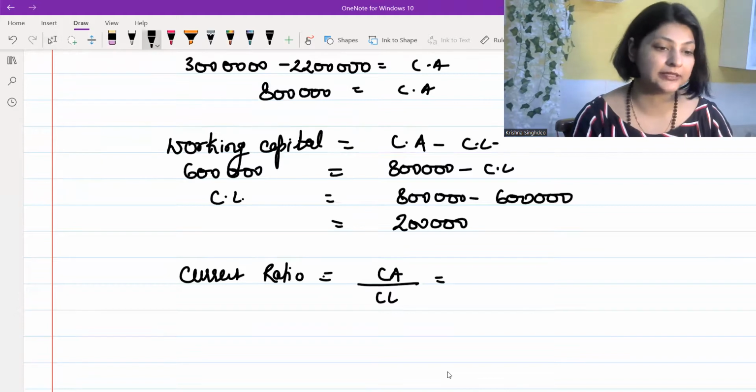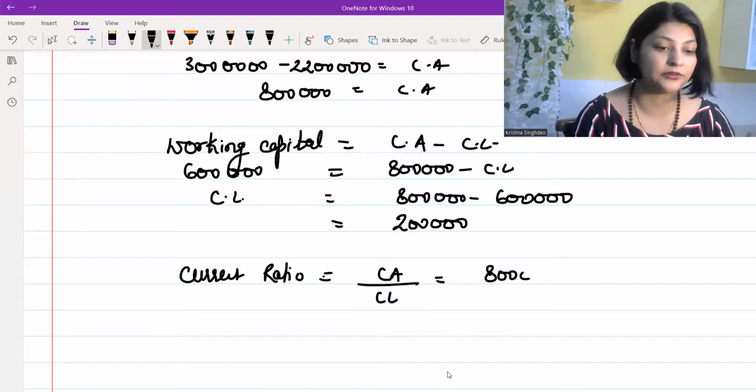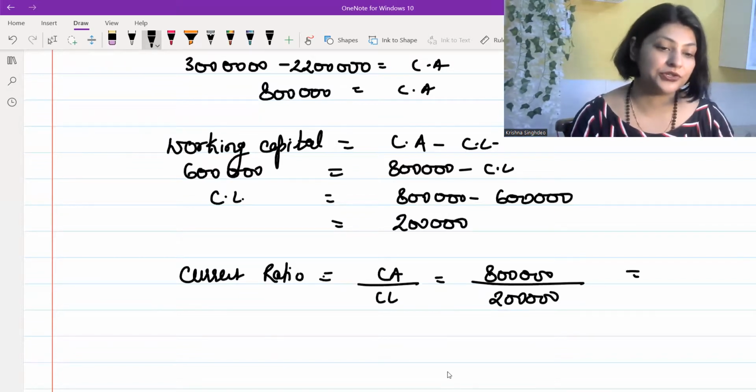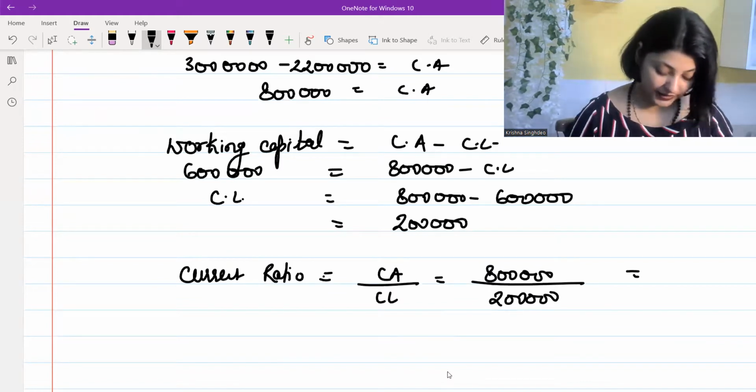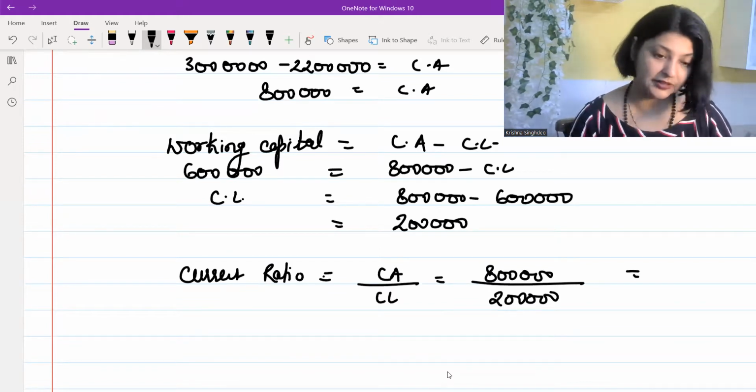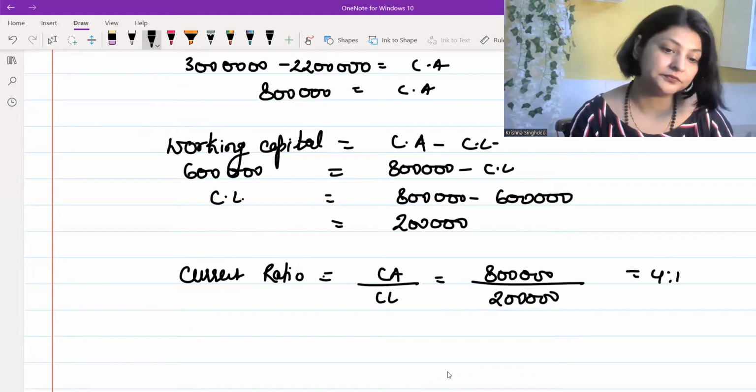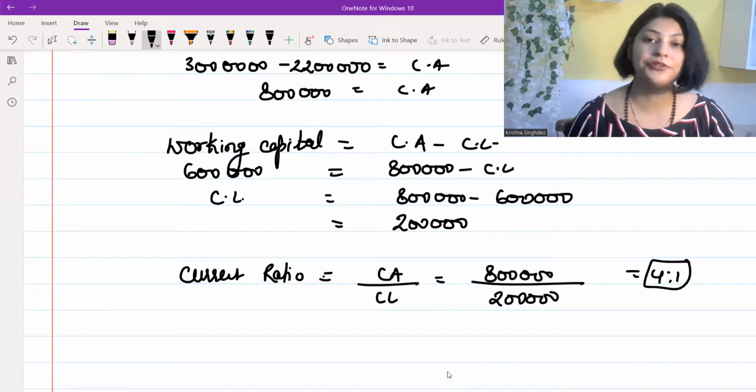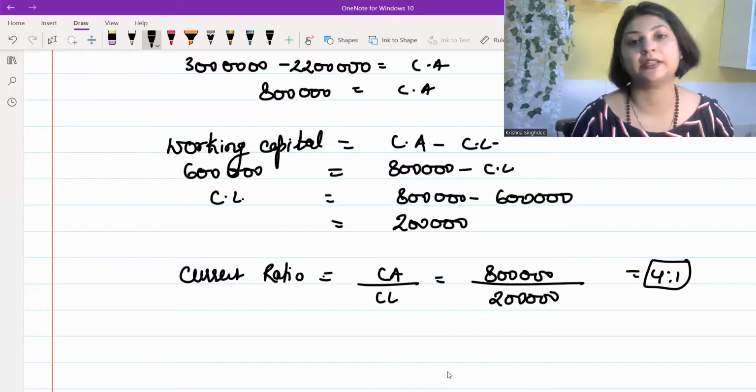I know both the things now. My current assets are 8 lakh rupees and my current liabilities are 2 lakh rupees. So what is my ratio? My ratio is 8 upon 2. But as I told you, we are not going to write 8 upon 2. We will write 4:1. So 4:1 is my current ratio under case 2.